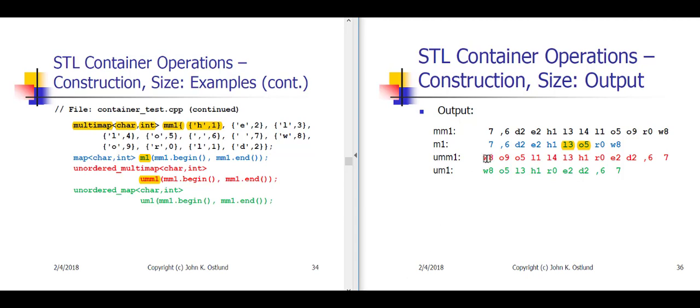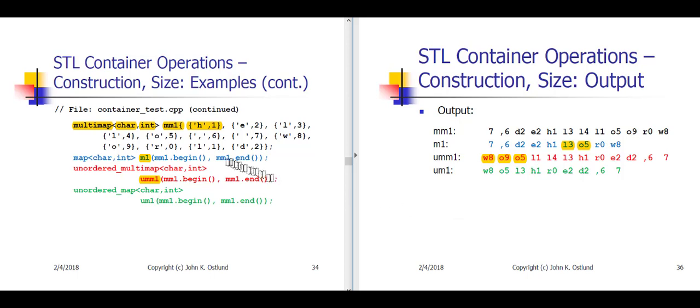So on my system, when I run this, I happen to get key W value 8 as the first thing displayed. Then I get key O value 9 displayed, followed by key O value 5.